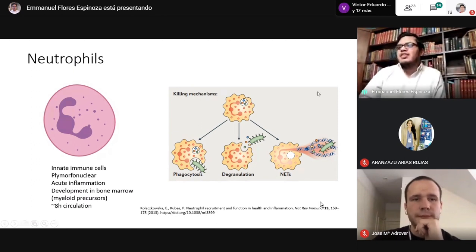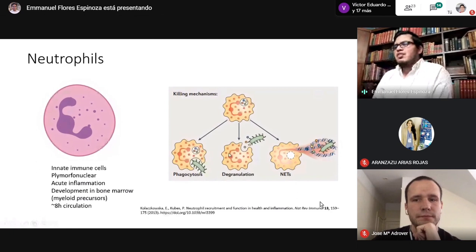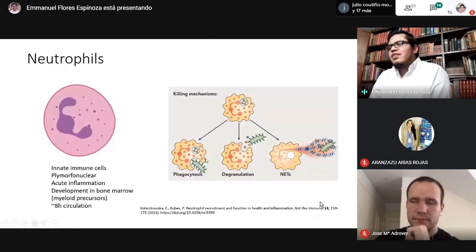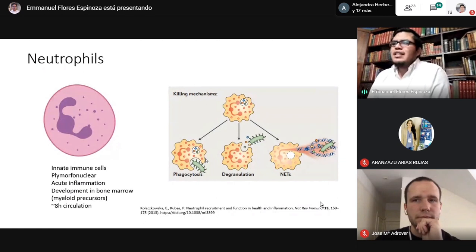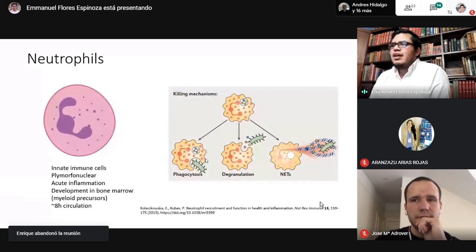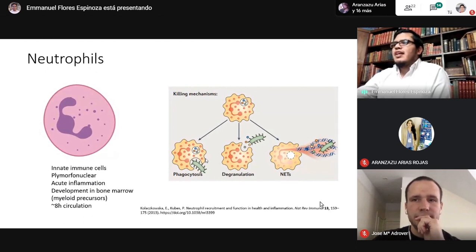One is phagocytosis of pathogens. These cells can phagocytose different pathogens to internalize them, and this way improve the degradation of the components of the pathogen, like bacteria.